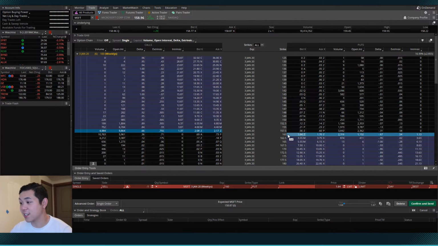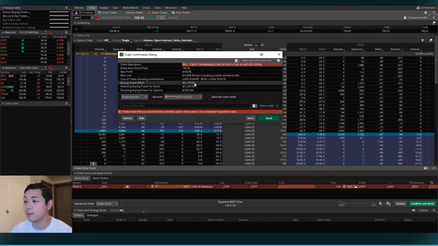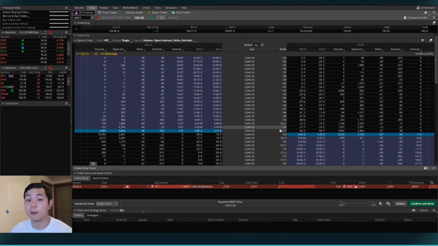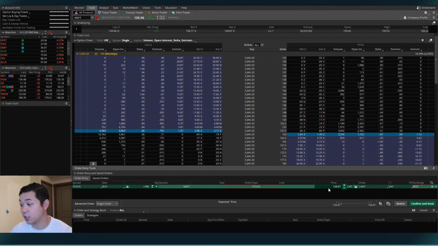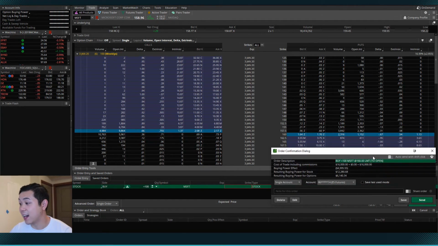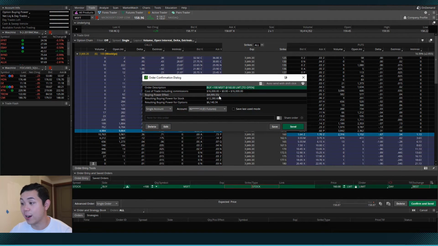So if we take a look at this 160 sold put here, we can see that it takes up around $3,000 worth of buying power for my account. But if I were to get assigned on this put, then I would instead have 100 shares of Microsoft at $160, and that would take up around $5,000 worth of buying power.